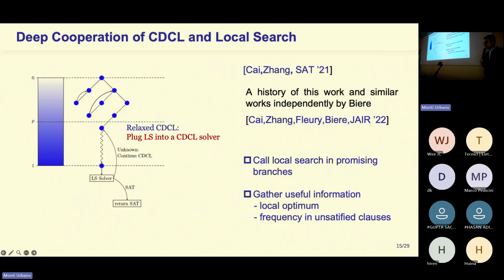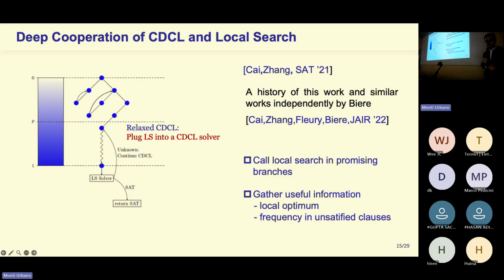And a short story I would like to mention is the cooperation between my group and Armin Biere. We worked independently on the idea of hybridizing methods, but finally we got together and wrote a journal article, 50 pages.